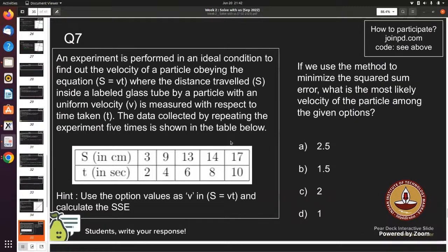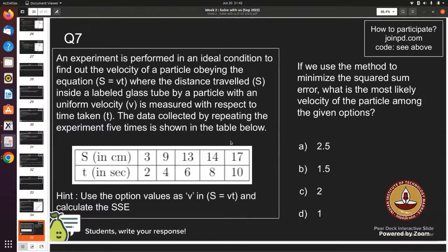Now this problem. An experiment is performed under ideal condition, so you know the ideal condition should be S equal to Vt. If S is the distance traveled, V is the uniform velocity, and T is the time, then S is a function of time if the velocity is fixed.